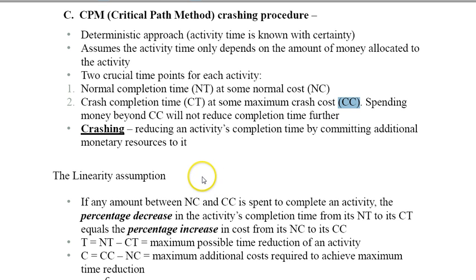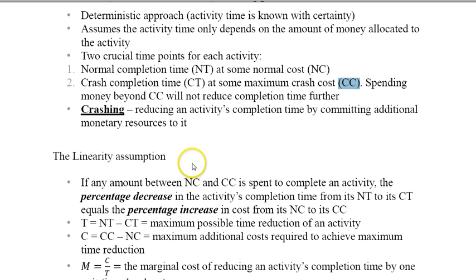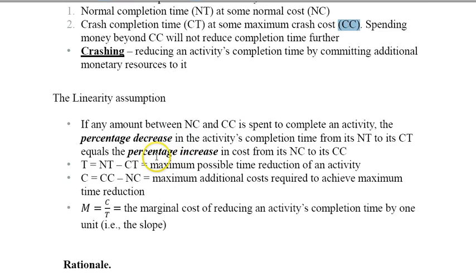We call that the linearity assumption. If any amount between the normal cost and crash cost is spent to complete an activity, the percentage decrease in the activity's completion time from its normal time to crash time equals the percentage increase in cost from normal cost to crash cost. Exactly, the linearity assumption.